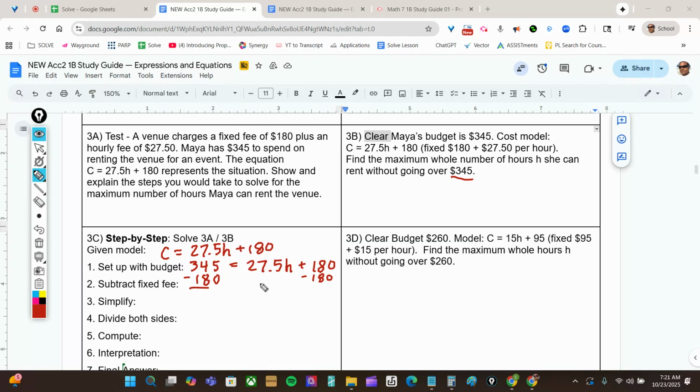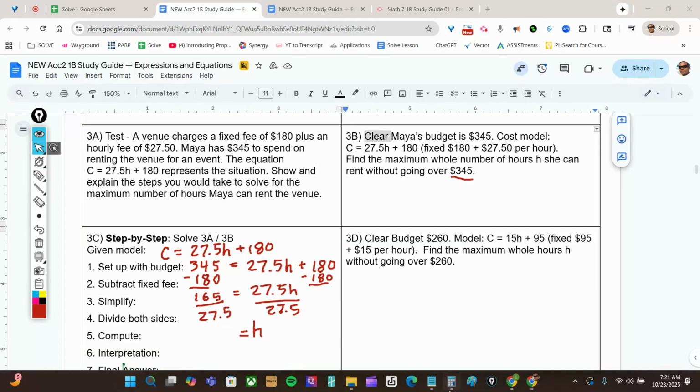And that's going to give us 165 equals 27.5 H. Isolate the H, divide both sides by 27.5. That's going to give us H equals 6.